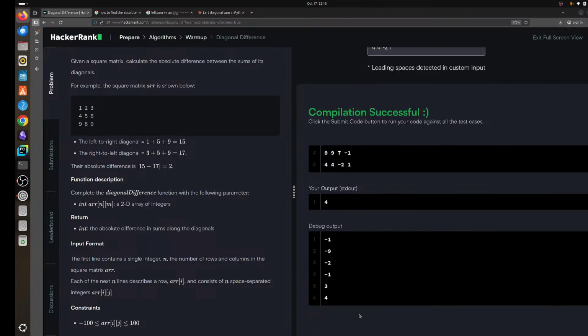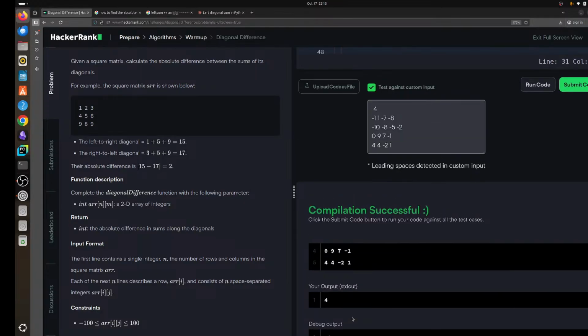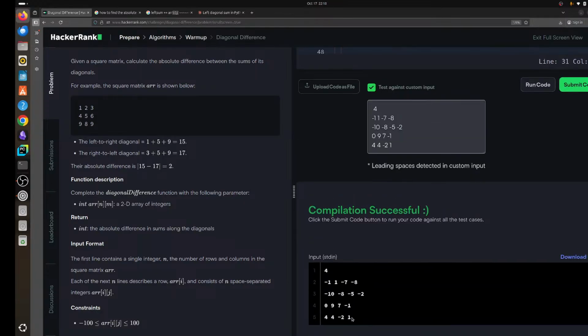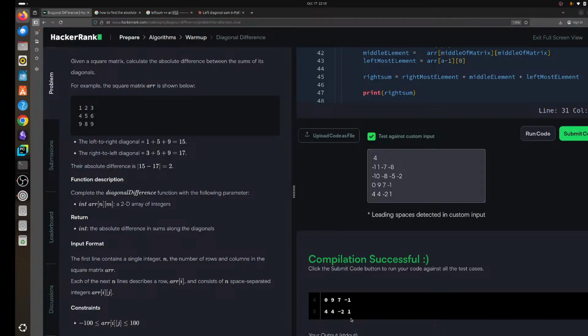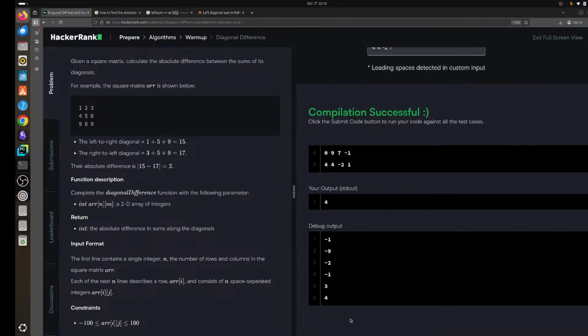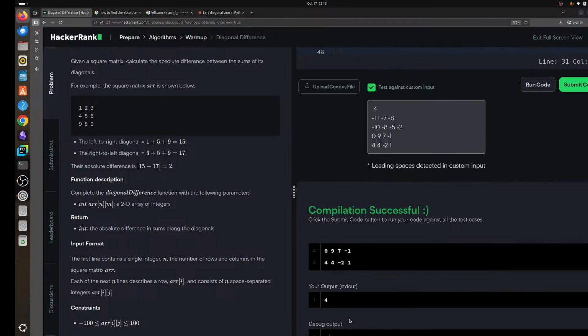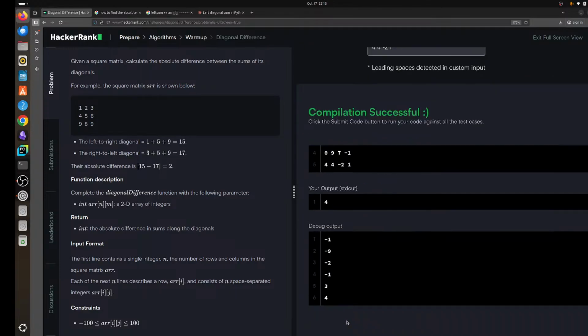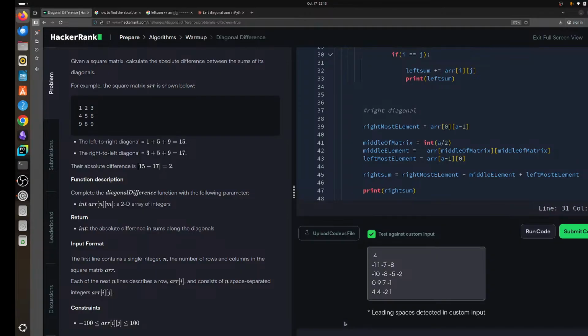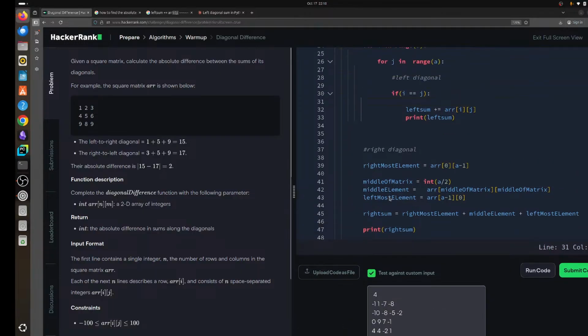So 4 is the output we are getting, right? Because obviously every value came, minus 1, minus 8.